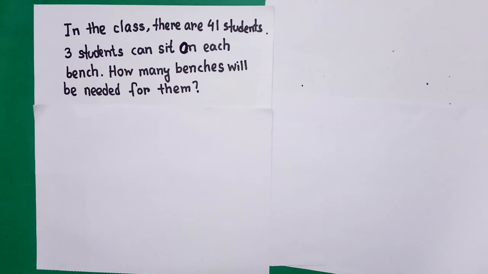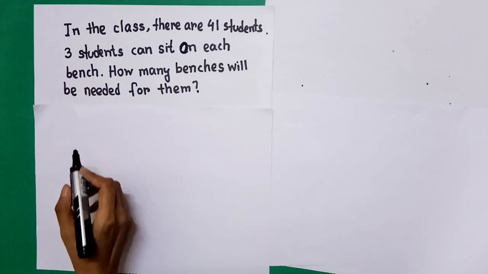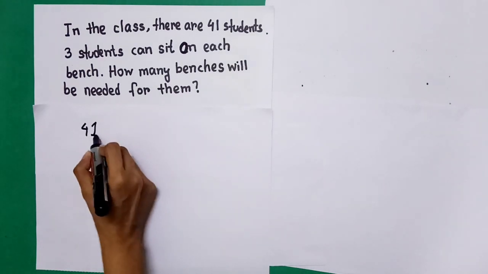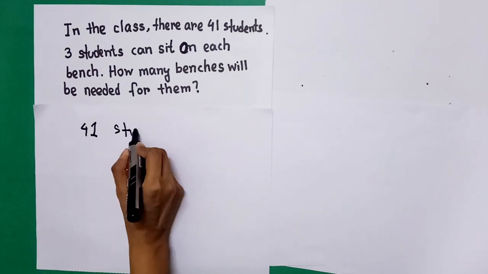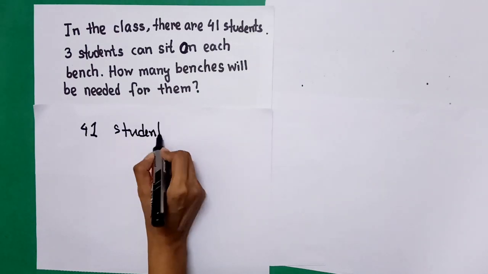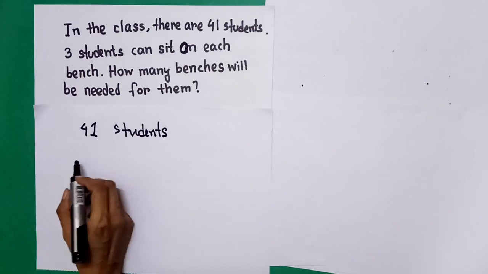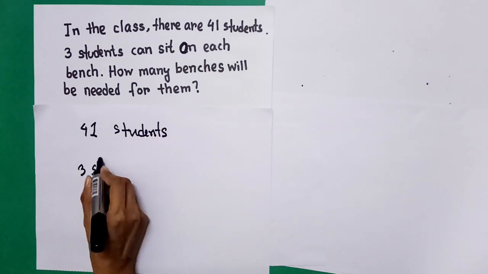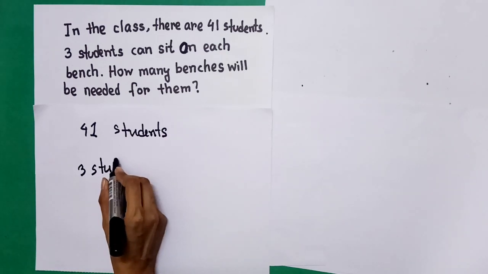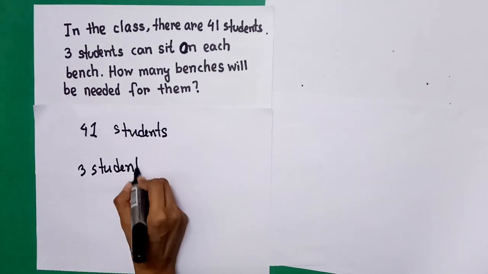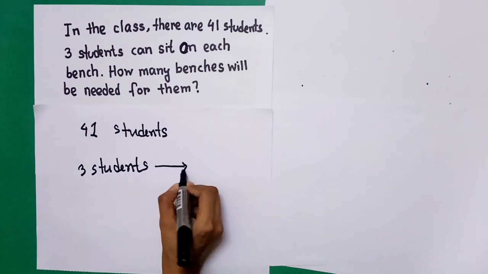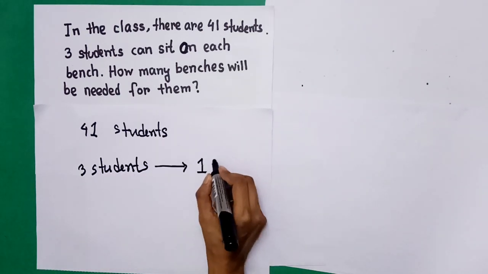Here, the clue words are: first, 41 students, and another clue word is 3 students. 3 students can sit on one bench.